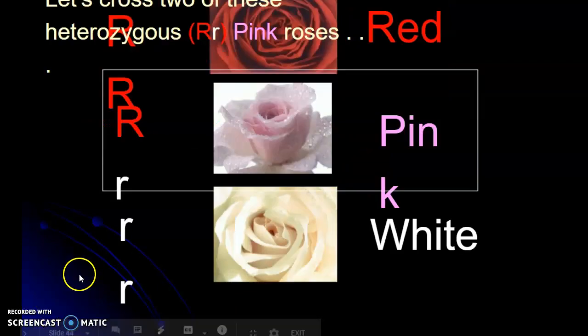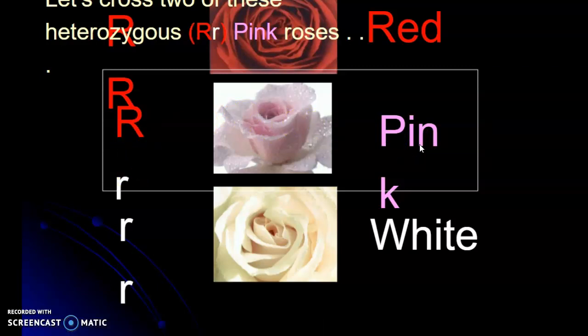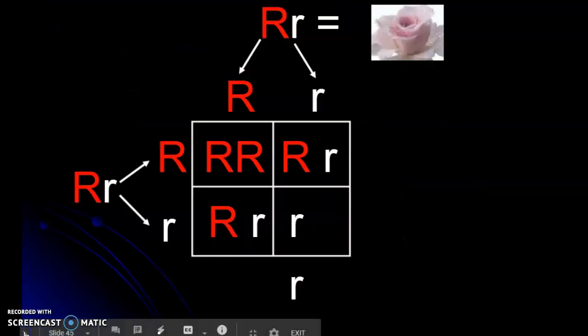So if we look at this heterozygous thing, that should be big R, little r, we get pink. So we get something totally different. We get something in the middle, a blending. So that's a way you know it's an incomplete dominant situation. All right, so the genes are still passed on the same way.